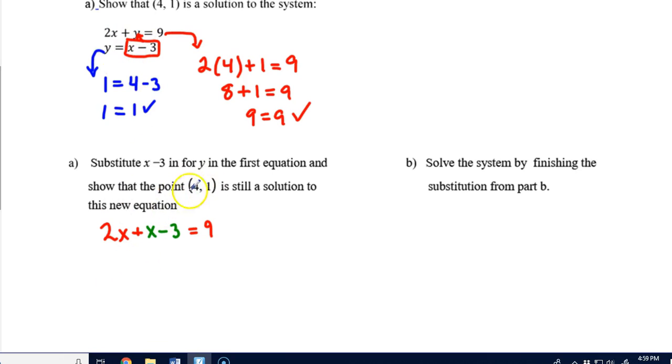Now it's saying, okay, substitute in your point for 1 and show it still works. Please do that. Okay, so hopefully you took time to do that. Well, there is no 1 to sub in, but I got my 4's substituted in, right?